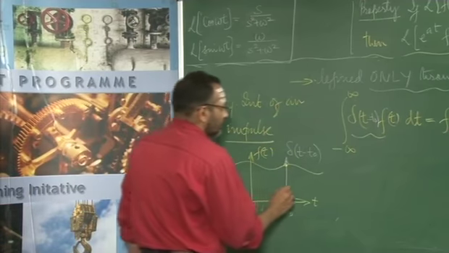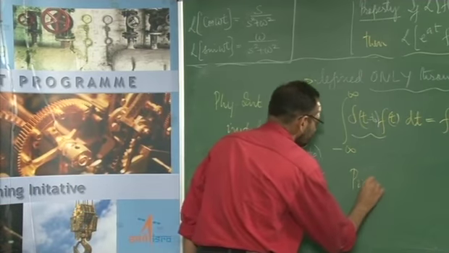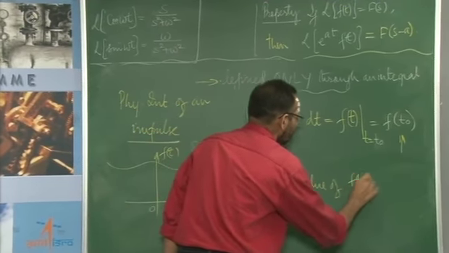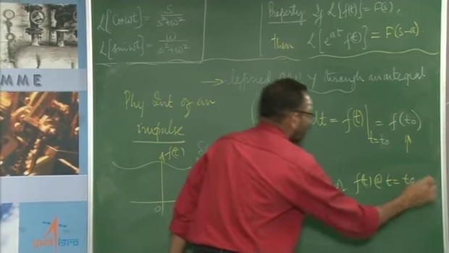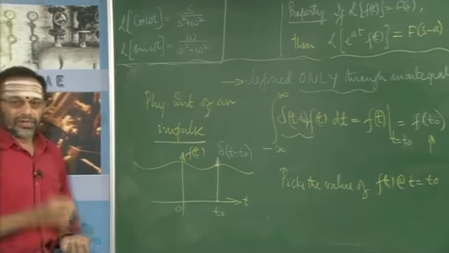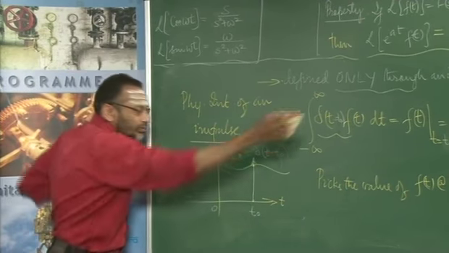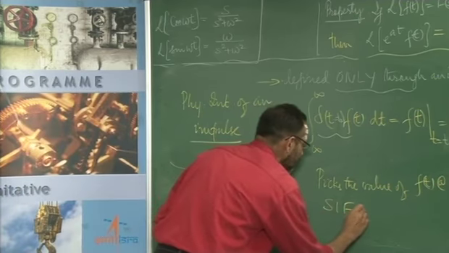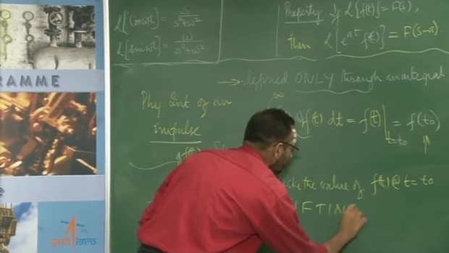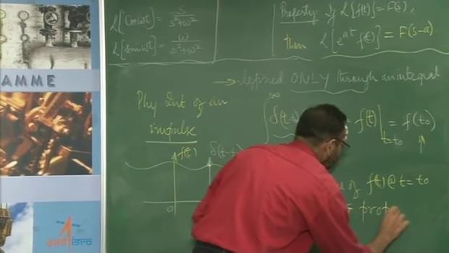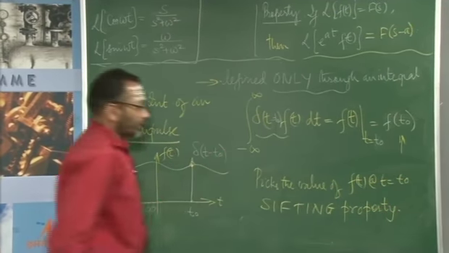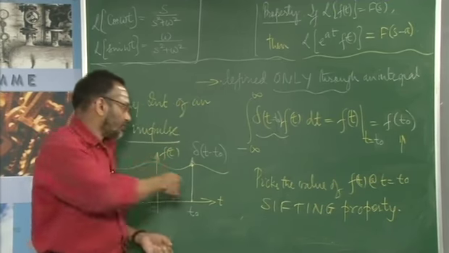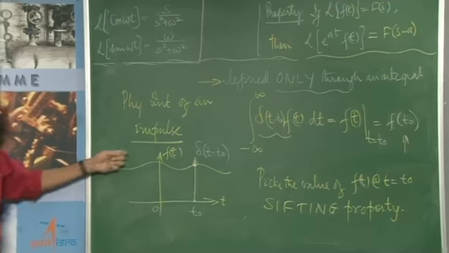So, what it means is it picks the value of f of t at t equal to t naught. There are several values for the function, but it takes only that value out of all those values that you have, infinitely many of them. This property is called sifting, not shifting, sifting property. Do not confuse this: this is shifting, this is shifted, this is called sifting. It picks only that value out of the values of the function here. So, that is one interpretation of this.